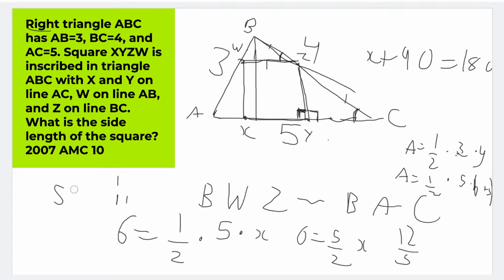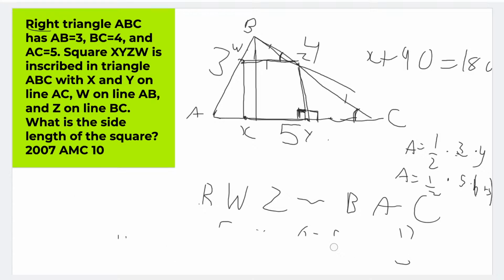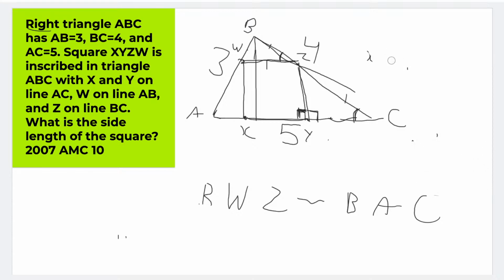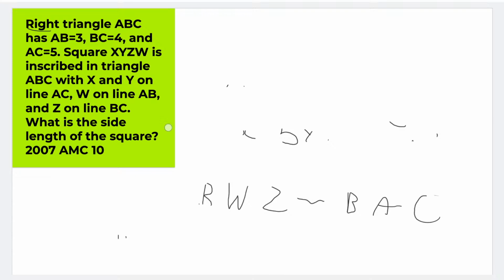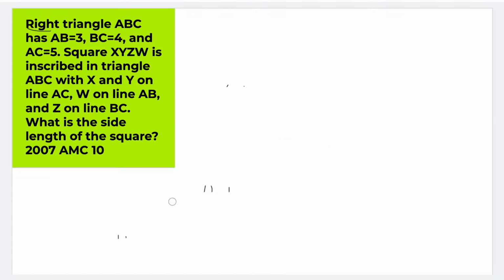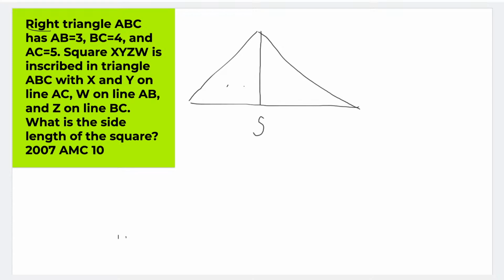I'm going to erase the work I've shown here and solve it now. Since we know the height is 12 over 5, and the base is 5, the proportion statement is this: there's a triangle on the top, which is similar to the whole triangle.